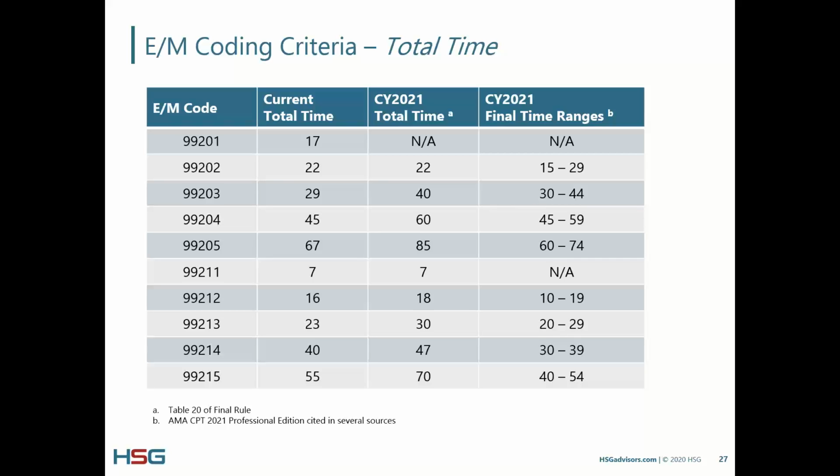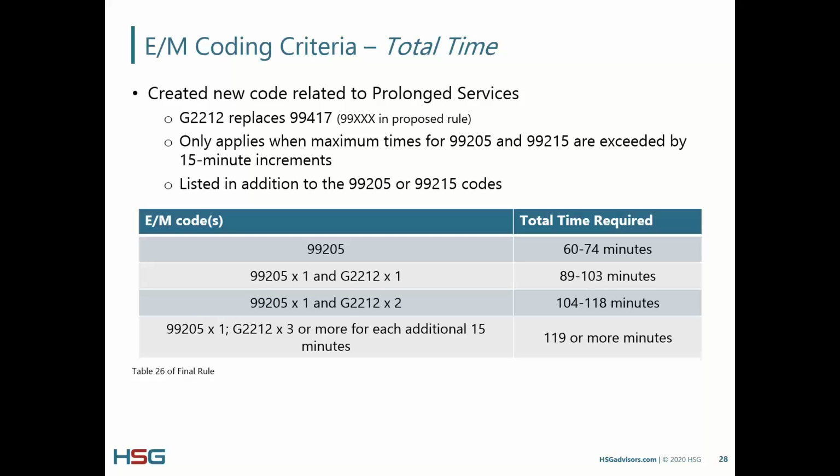However, if we go to the final rule, table 26 on the final rule and table 27 on the final rule, when we're talking about prolonged services code, and we'll talk more about that in a second, they listed this time here of 60 to 74 minutes.